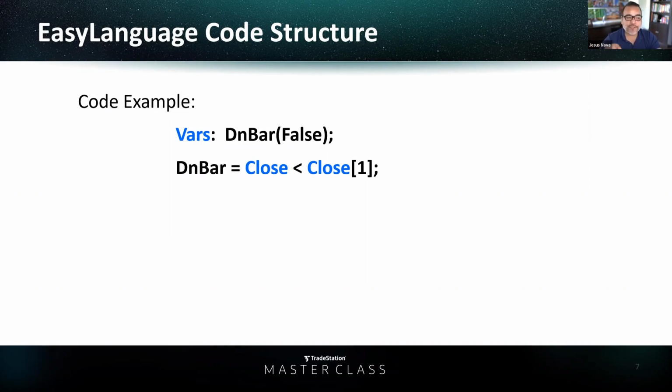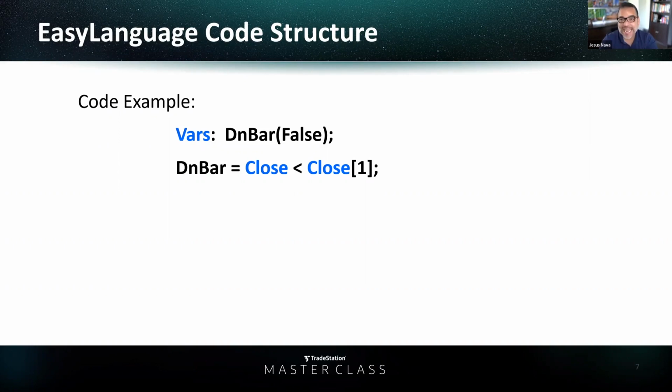It is equal to the close less than, that's a less than operator, the close, and the one that you see there in square brackets is a historical reference on the chart, which is pretty cool, because by having that one inside square brackets, you're telling EasyLanguage to go back 1 bar.